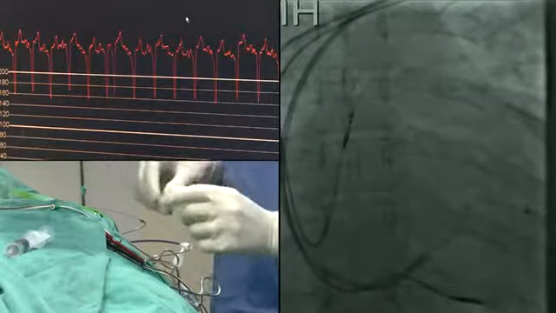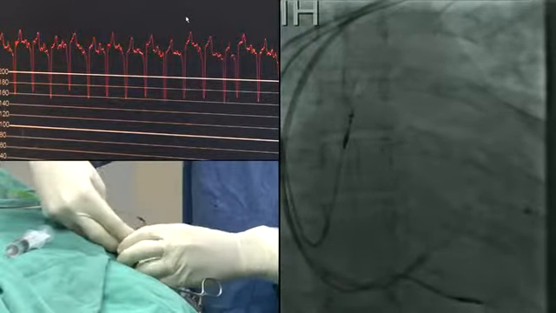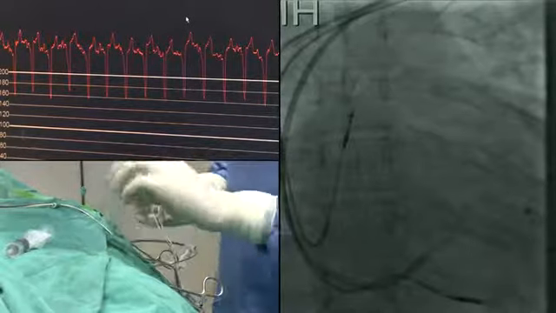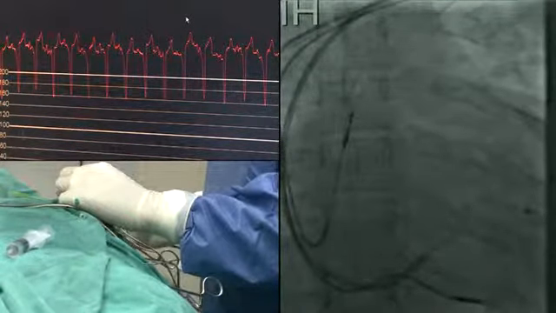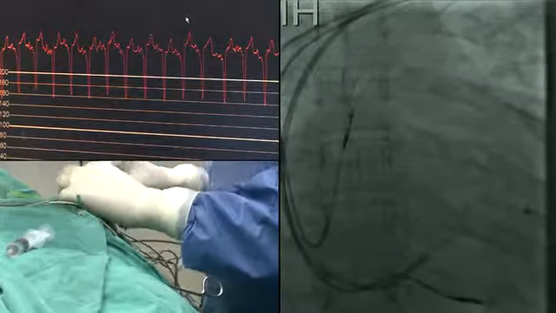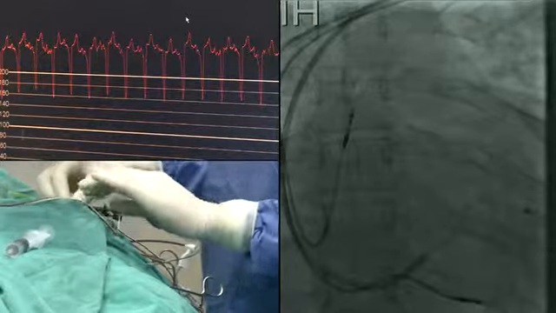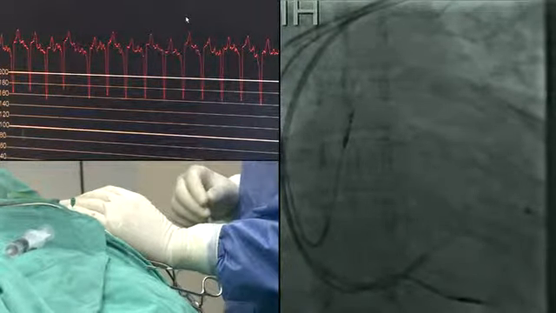Okay, it's testing the atrial lead. Yes, three separate punctures.